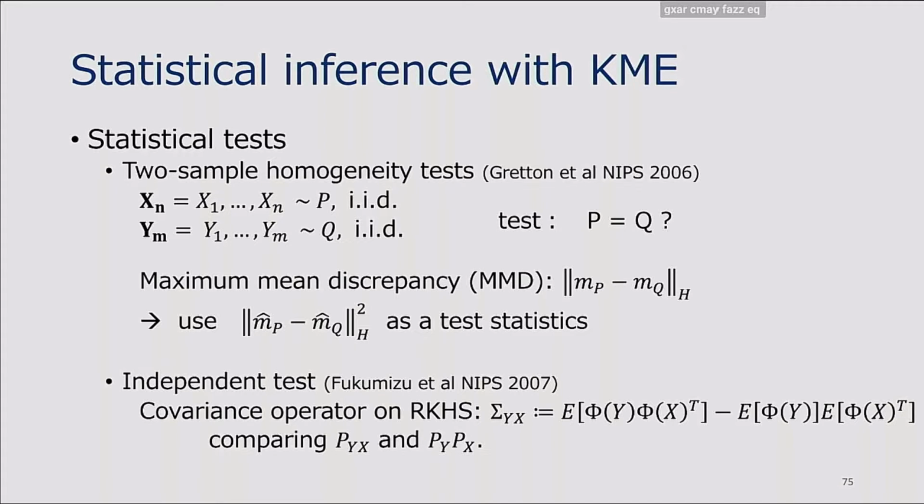Or we can consider to test the independence of 2 random variables, by comparing the joint distribution and the product of the marginal. That's a definition of independence, right? So we want to compare the joint distribution and the product of the marginal. And that can be done by this kernel mean approach.